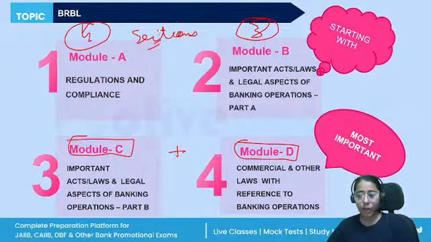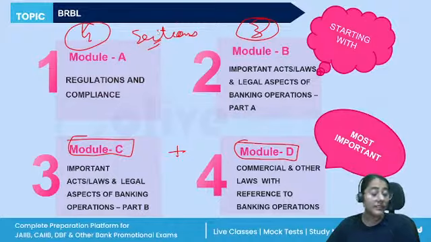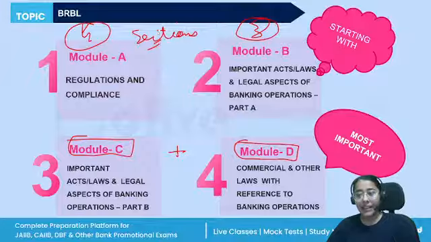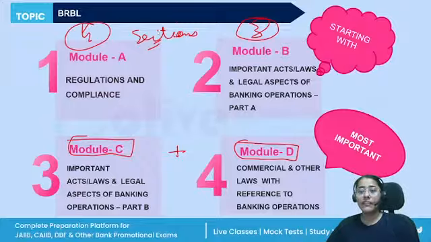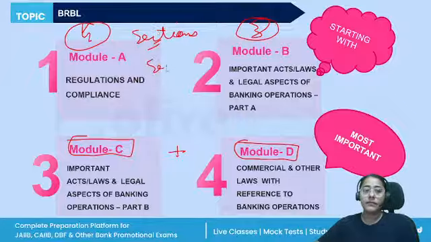Permitted business, we all know: accepting deposits, giving loans, investing. Prohibited business, like trading directly in the buying and selling of goods, directly or indirectly on behalf of the customer. So prohibited. These are given in section 8 of the Banking Regulation Act.